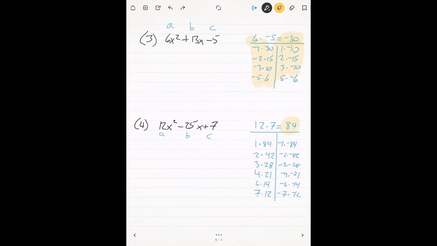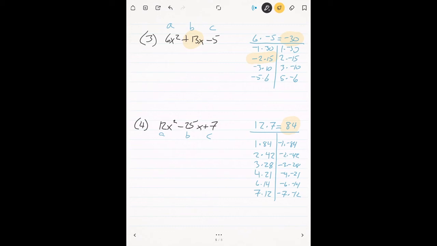Notice how I'm working with both positive and negative quantities, okay? You then need to make sure that you're properly selecting which of these adds up to the B term. So in our case, we have B being positive 13, so which of these adds to positive 13? Negative 2 and 15 add up to positive 13.